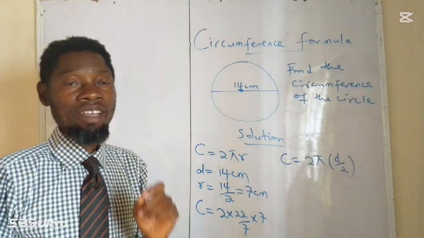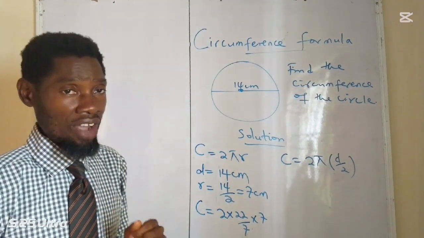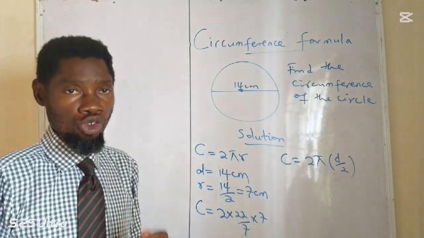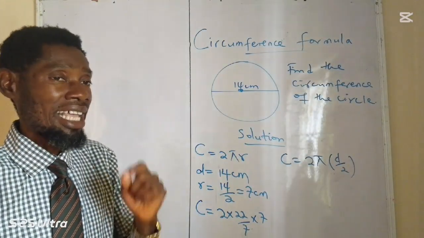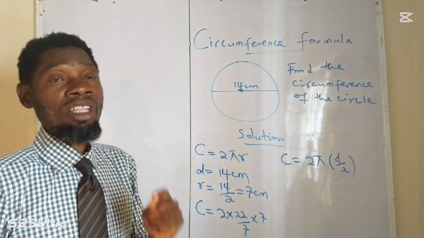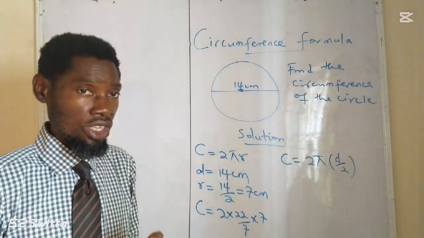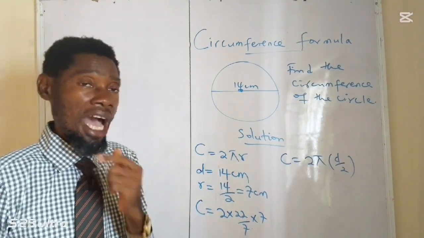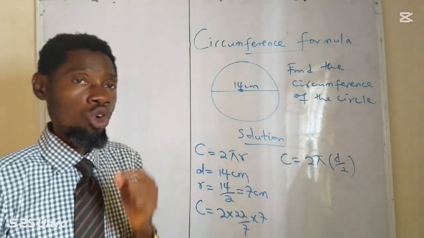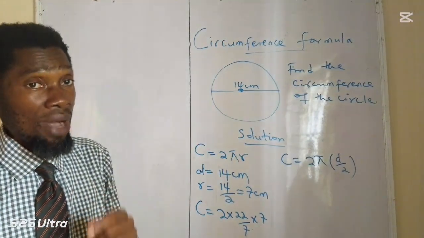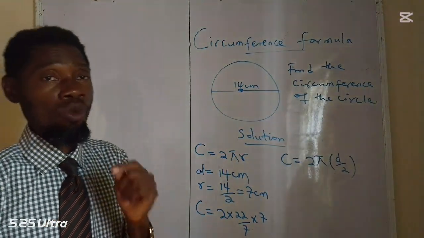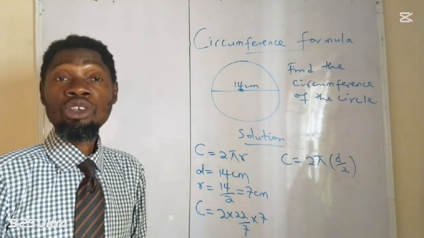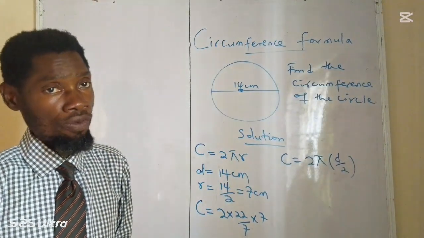It could tell you to take pi to be 22 over 7, or to take pi to be 3.14. Once they specify the value of pi, ensure you use that value.